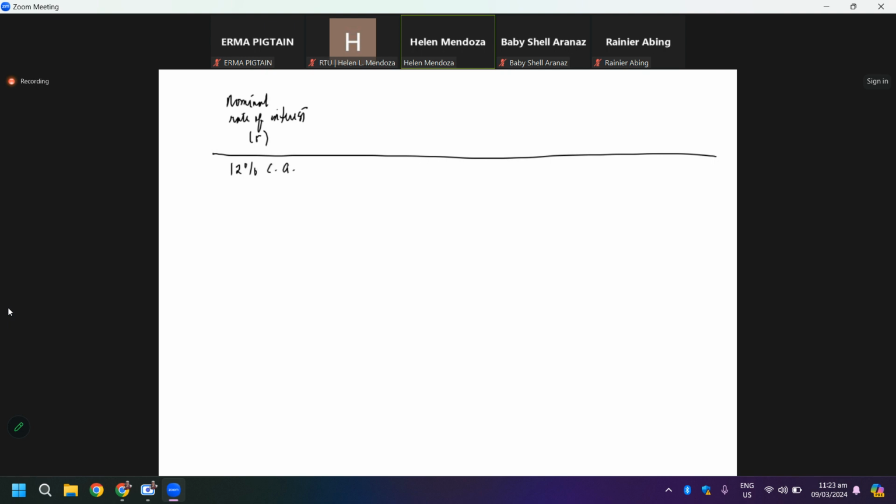When we say compounded annually, we would have for the next column the number of compoundings per year. This is normally represented by M. So when we say compounded annually, the number of compoundings per year is 1.